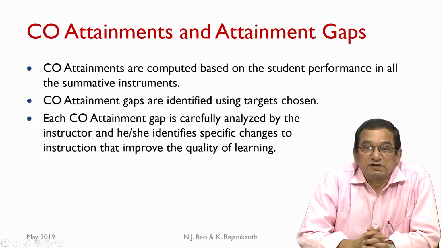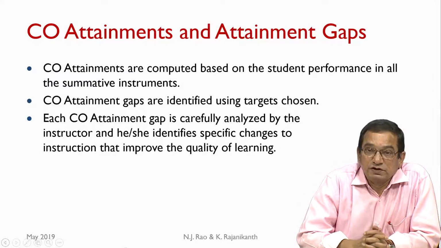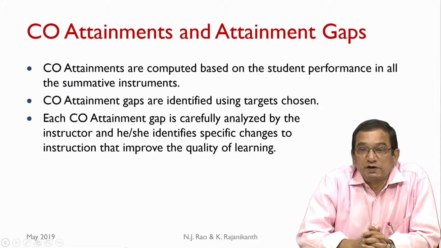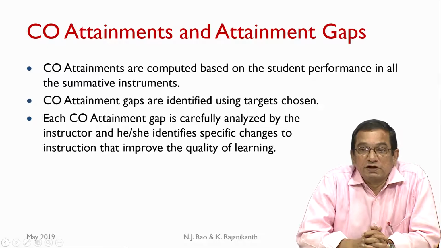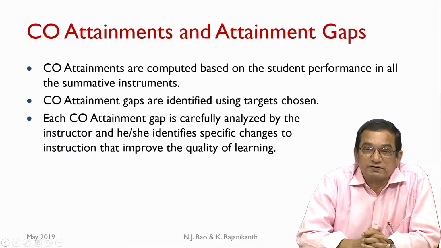The CO attainments are computed, as we already saw, based on the student performance in all the summative instruments: internal assessment tests, quizzes, assignments, semester end examinations. We also saw that it is possible to compute the attainment of CO in an indirect way using the course exit surveys.